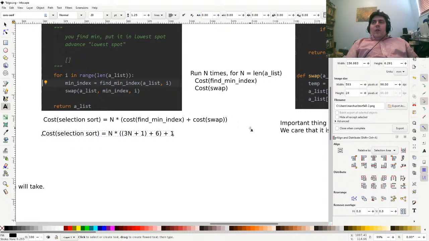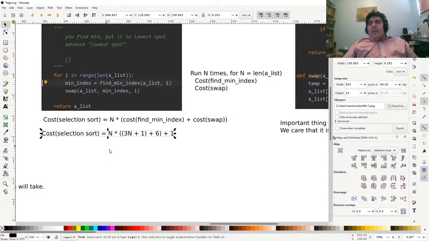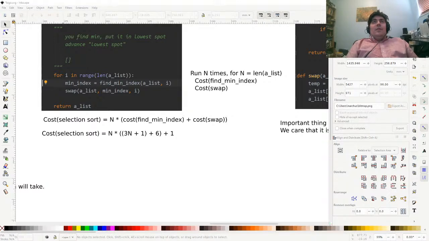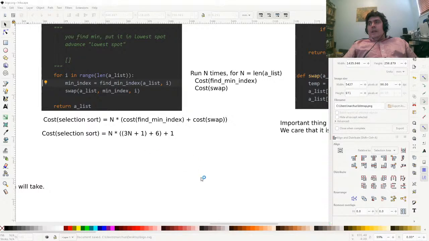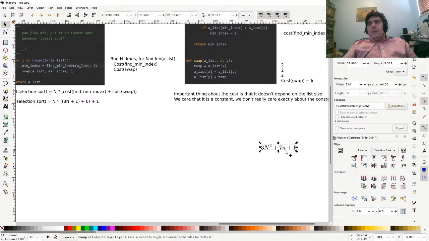And so now overall, when you FOIL all this out, this is 3n plus 7. So in the end, it's going to be 3n squared plus 7n plus 1. And so let's find it. Here we are. Whoops, made a capitalization error.